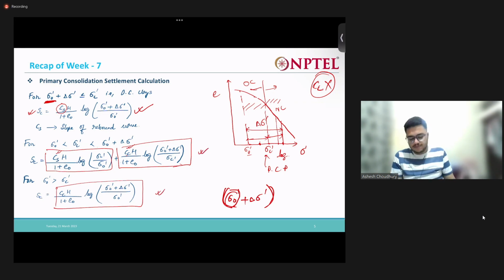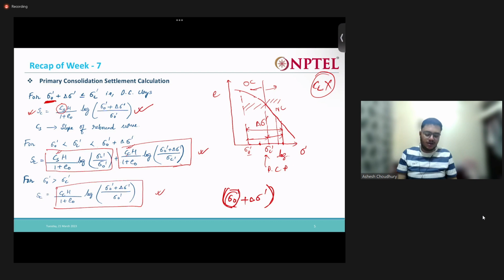So like this we have three cases, right? The first case was that my incremented stress is less than the pre-consolidation pressure. My second is that my incremented stress is higher than the pre-consolidation pressure, but my initial stress is lesser than the pre-consolidation pressure, so some part will be in the over consolidated section, some part in the normal consolidated section.